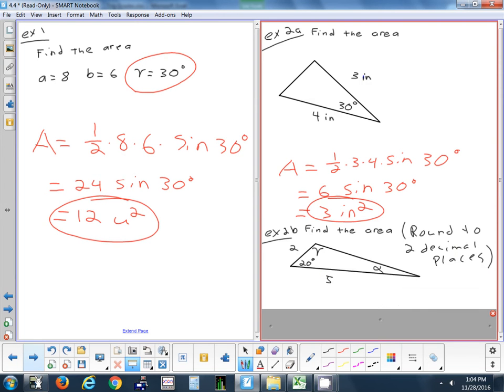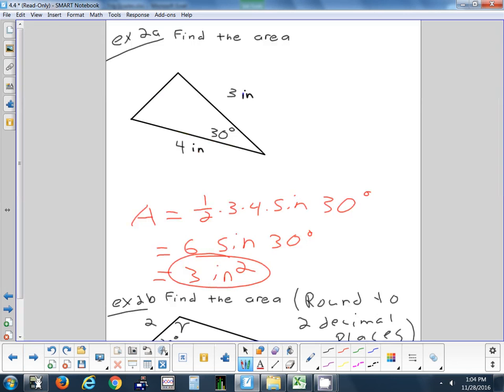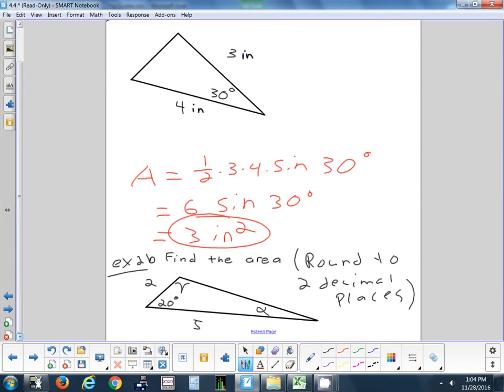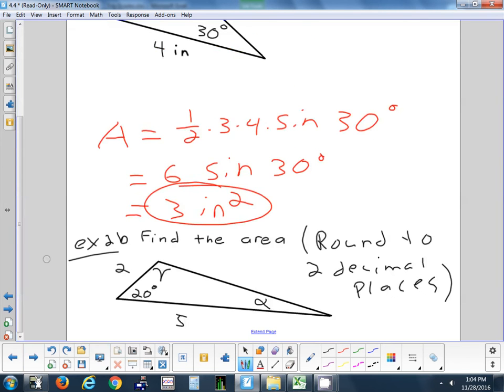All right. So next one, I've changed the angle. This time it's not going to come out to a nice answer, so I've just asked you to round to 2 decimal places. All right.